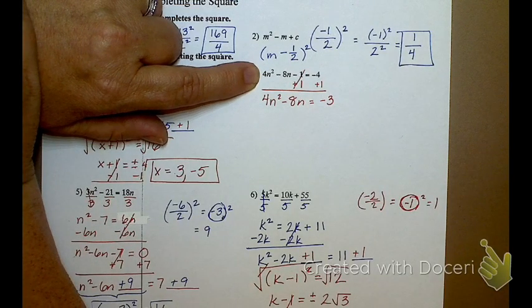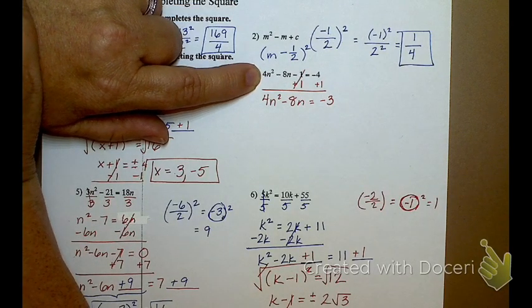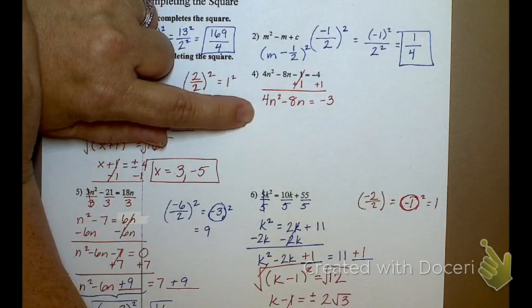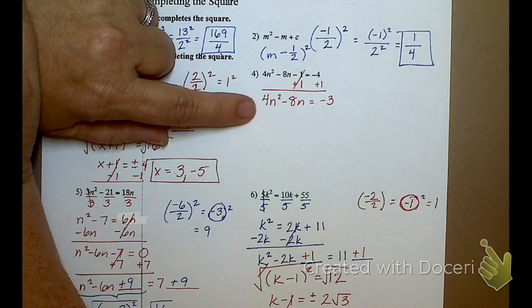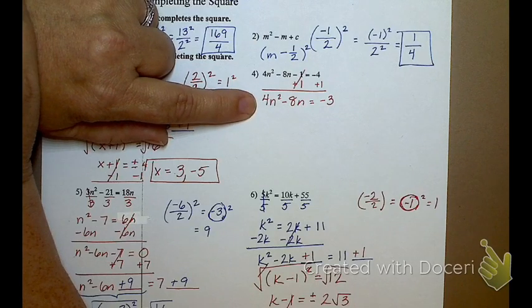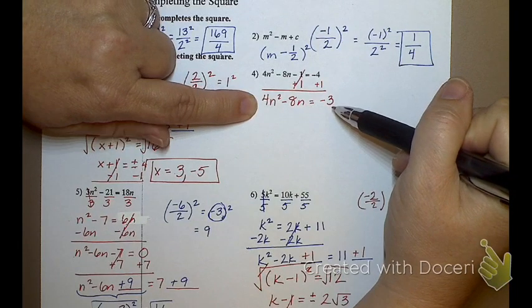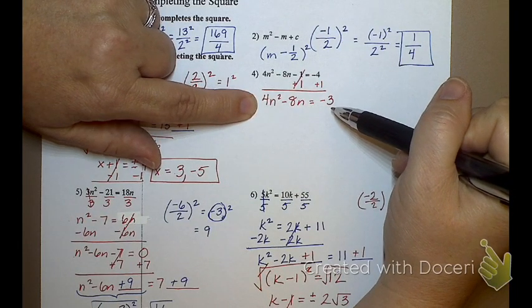Now, here's where it gets tricky. Doesn't n squared need to be by itself? To a certain extent, yes. I need to get rid of that 4. But I can't just divide everything by 4, because over here you have fractions, and that is going to be ugly. We don't want to do that.